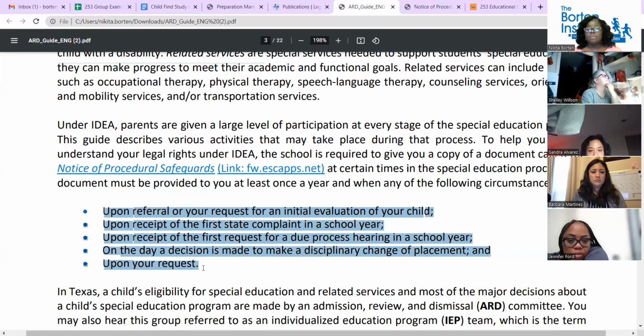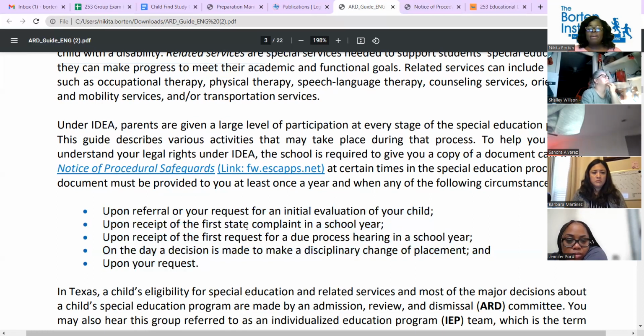You have to give it to them when they are even requesting initial evaluation. You have to give it to them if they file a complaint. You have to do it if a due process occurs. You have to give them this documentation when you have an MDR, and they may possibly be put in an alternative placement, required by law.